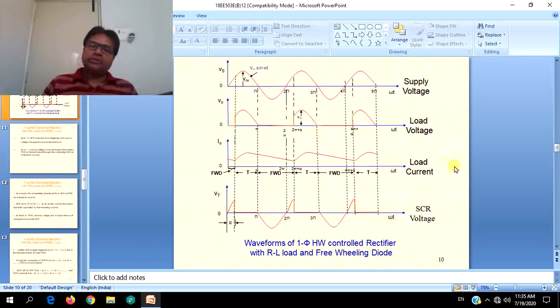So that is the beauty of the freewheeling diode, which is used in all the reactive circuits. So far we have discussed only the load, whether it is resistive and inductive, but loads can also be capacitive, that is RC, and also RLC.